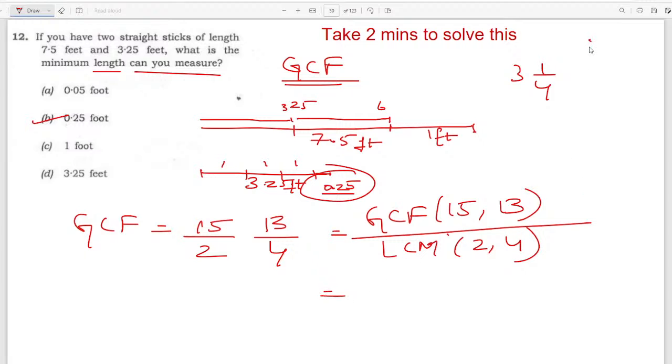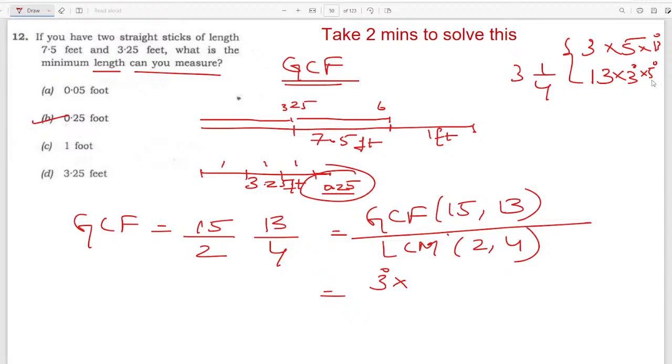The prime factorization of 15 is 3 into 5, and 13 is a prime number. In this, the first common prime is 3. Here it is 3 raised to 0, and then 5 raised to 0, and here it is 13 raised to 0. So when you compare these, the least power is 3 raised to 0, that is 1.